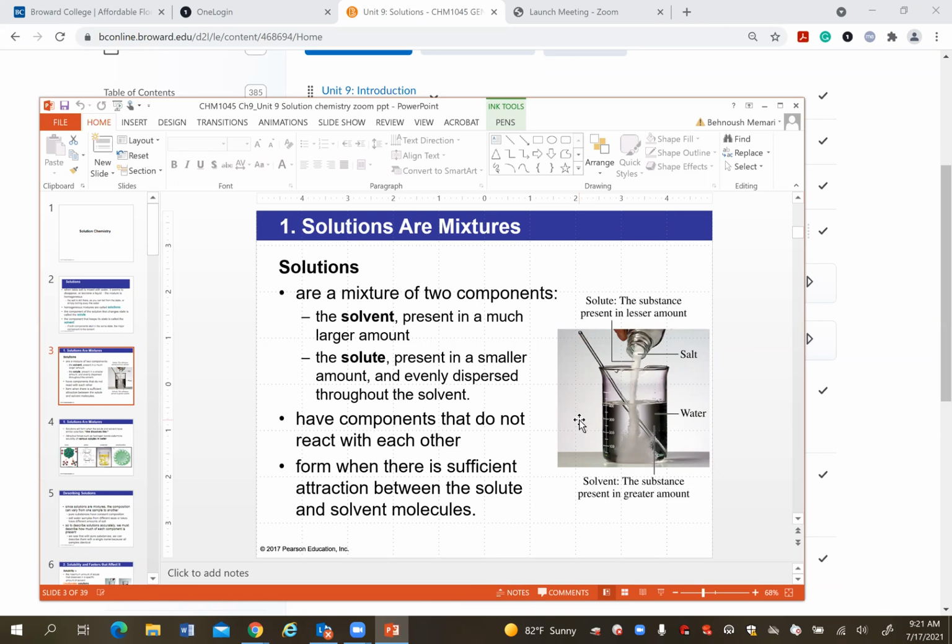A solution of gas in gas, like air, is a solution. Air is a solution, and the components of the air are different gases.